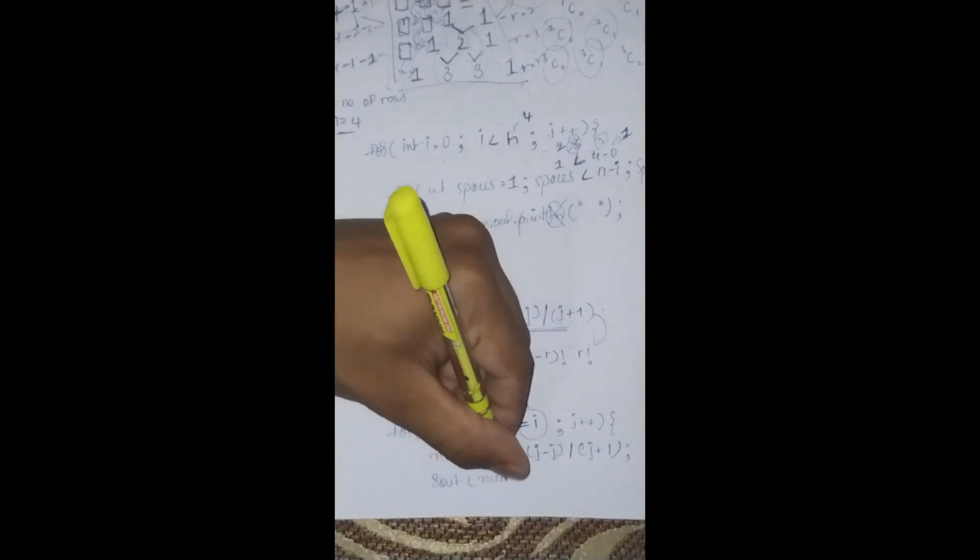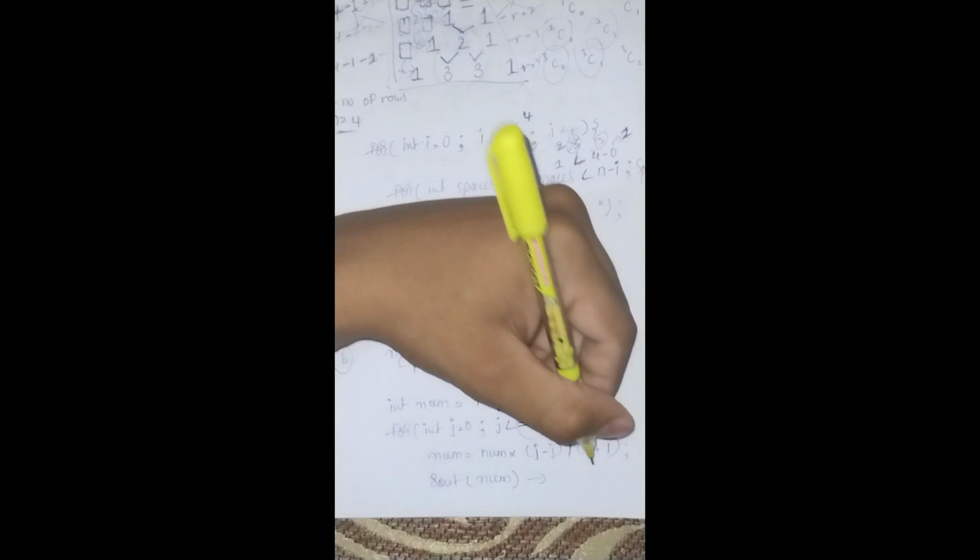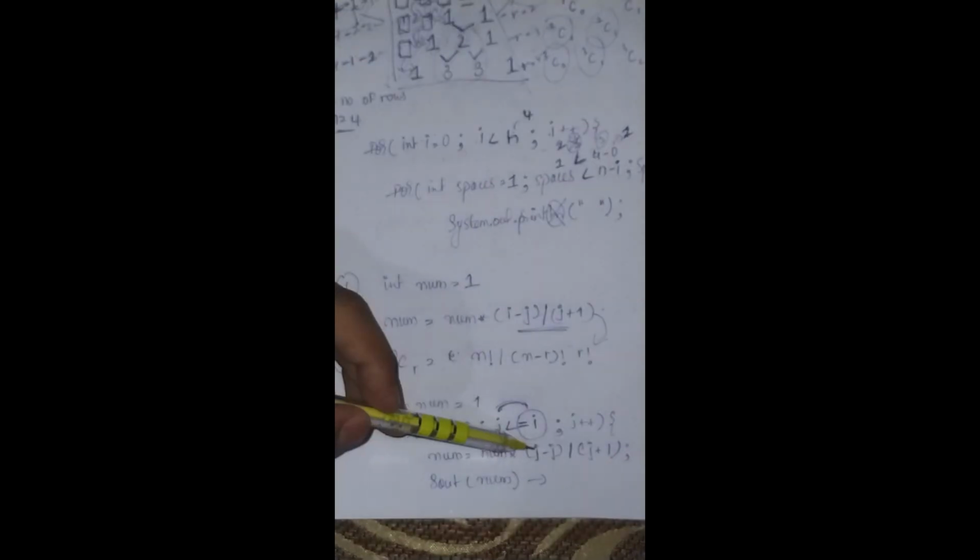So this number will give the middle part as well as the initial parts. If we just dry run and substitute the values here, we will know the procedure: how are we getting the first element and the second element? And then we will end it by printing a new line, okay?